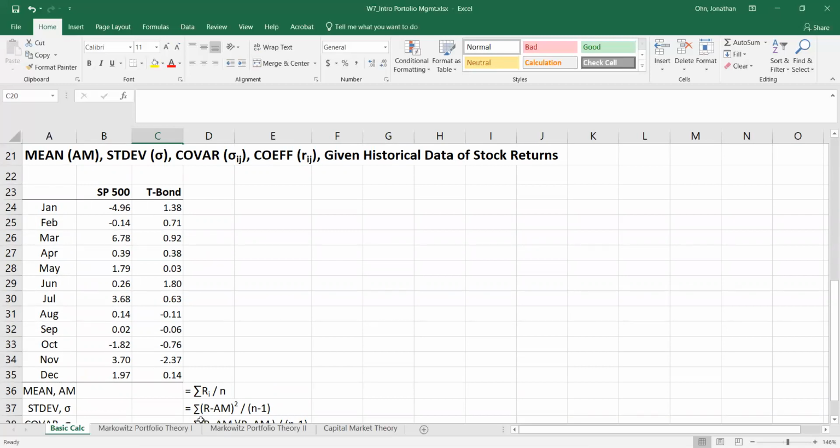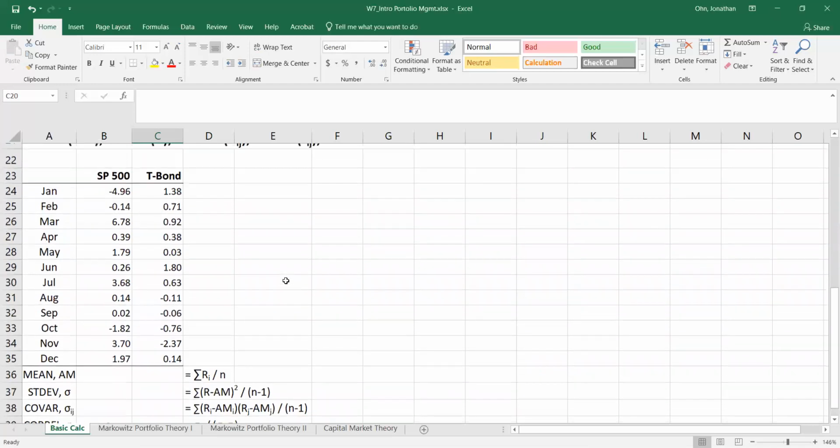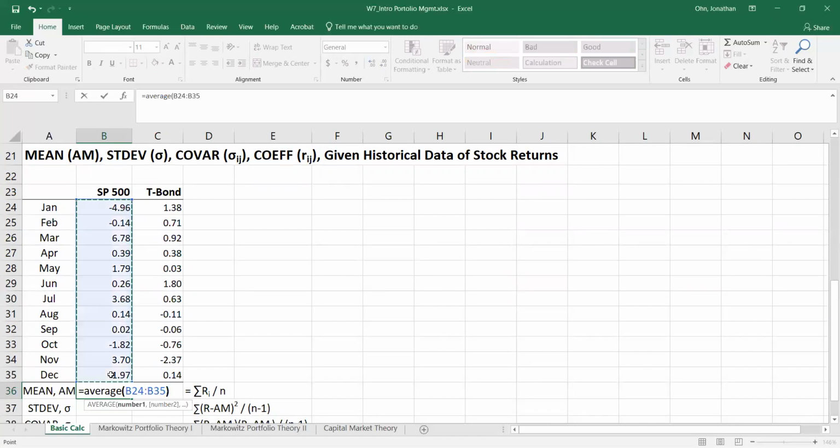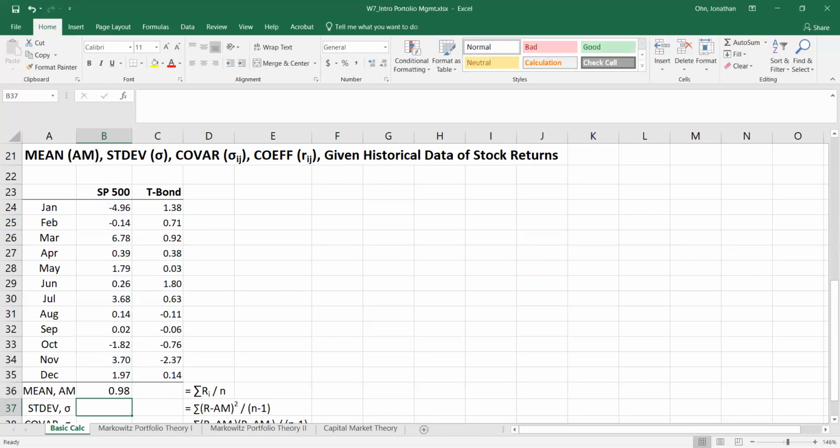Let's calculate the mean return. In this example, you are given historical data of stock returns, so the average is just the simple average of all these 12 monthly returns.